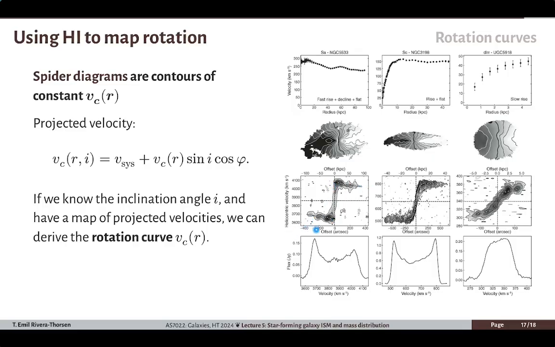So this is the distance axis and this is the velocity axis, right? With this here being the systemic velocity of the galaxy itself, the average velocity of the galaxy itself. And what we see here is that there's a very sharp jump in this galaxy from this velocity to this velocity. Then it actually falls a little bit before it settles on a constant value.